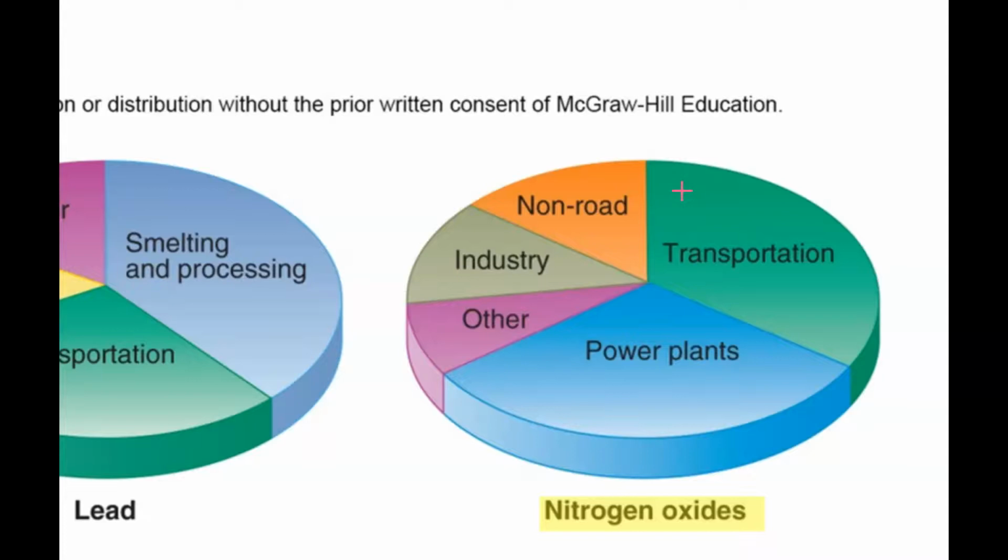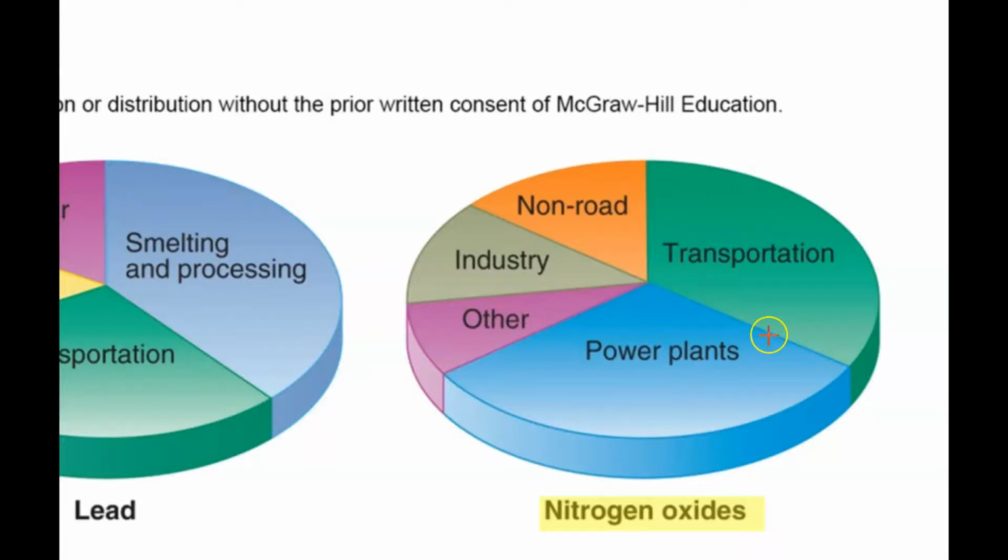Nitrogen oxides, NOx. So if you are going to the state inspection every 2 years, a technician at the inspection station is going to hook a special device to your tailpipe, and what they're measuring are those pollutants which are regulated by the Clean Air Act, including nitrogen oxides.